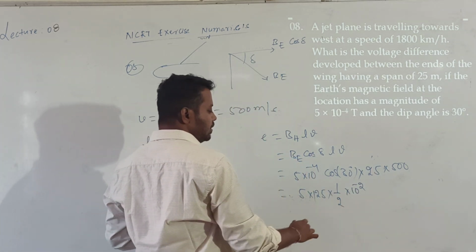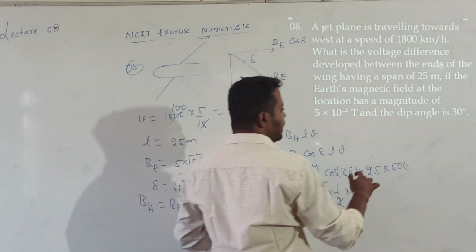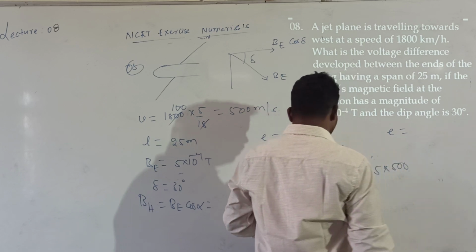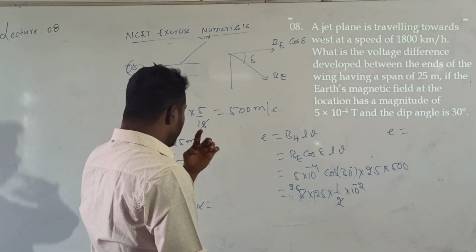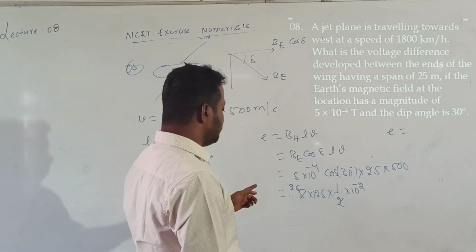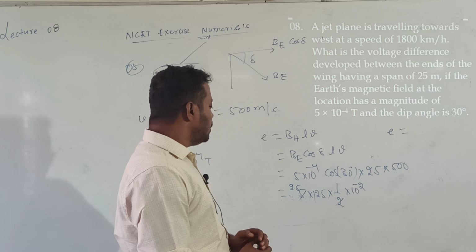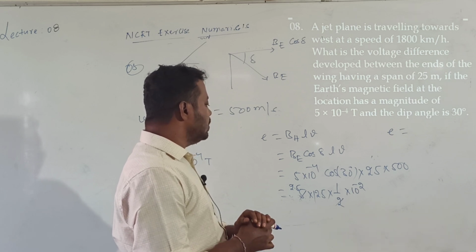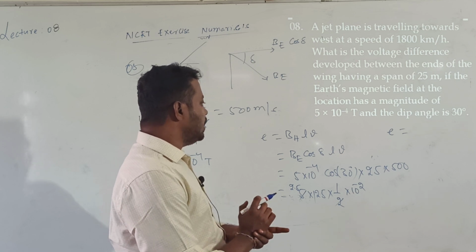So you multiply this, 2 ones are 2.5. What do I get for the induced EMF? It is 2.5 into 125. So 125 twos are 250, and 125 half is 62.5.